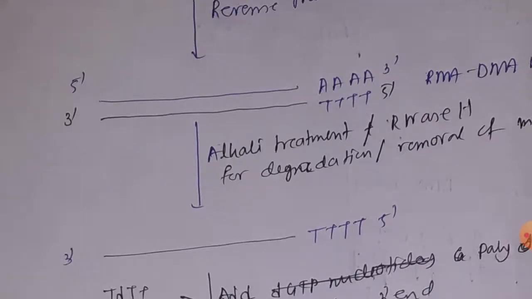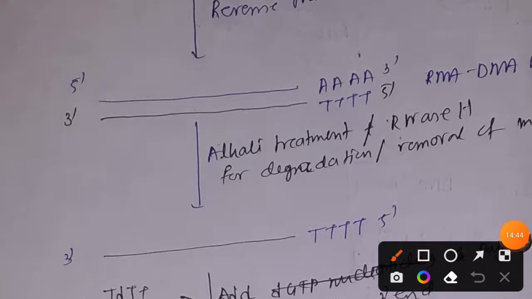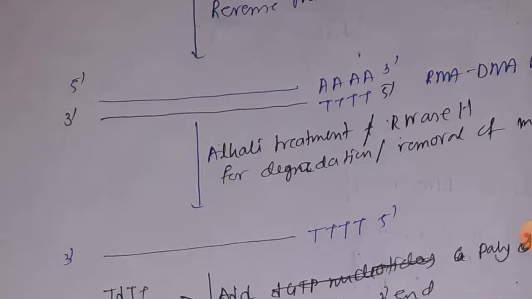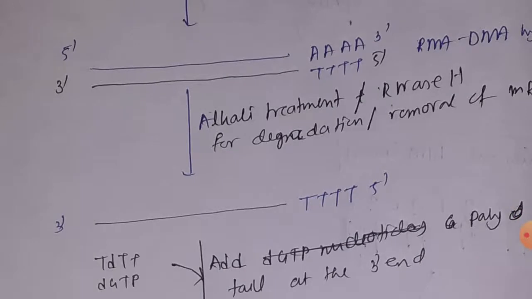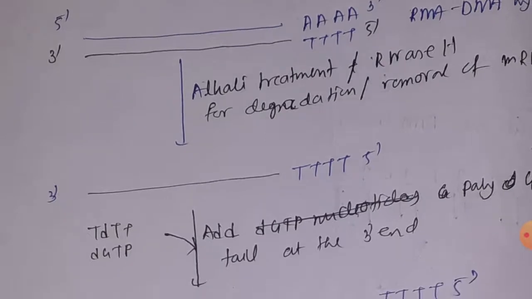Now let's try to remember another enzyme that we have also discussed, which can add nucleotides template independently at the 3' end. The name of that enzyme is terminal deoxynucleotidyl transferase. We have also discussed TdT in the enzymes in recombinant DNA technology video.